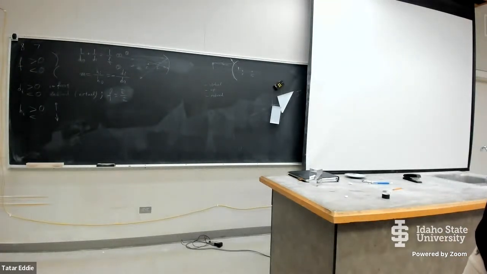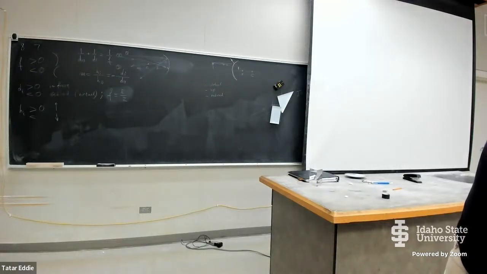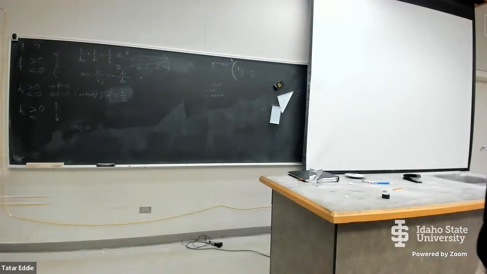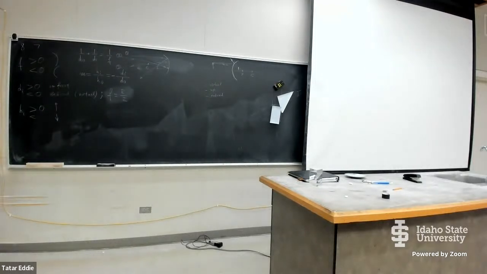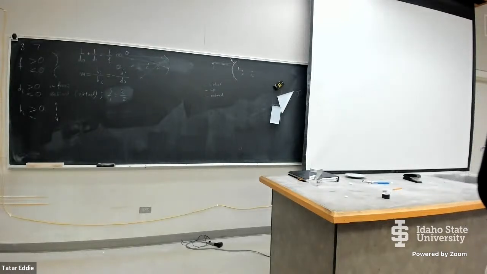But since I don't have a mirror like this, I'm going to use animation. And you can have this animation on the internet, the website you're going to see easily.